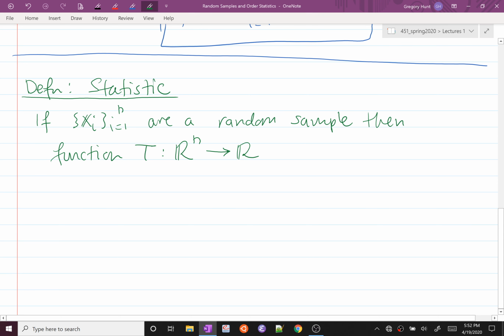Then let's say t is a function from R^n to R. If we plug our random vector into t, we say that t of x is a statistic.